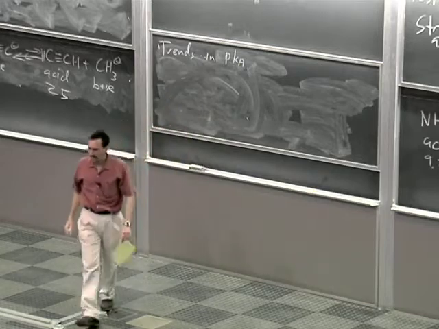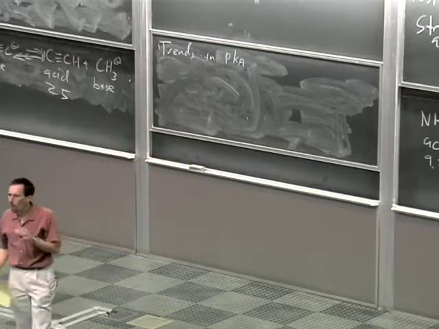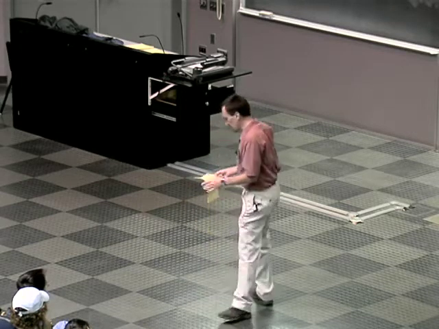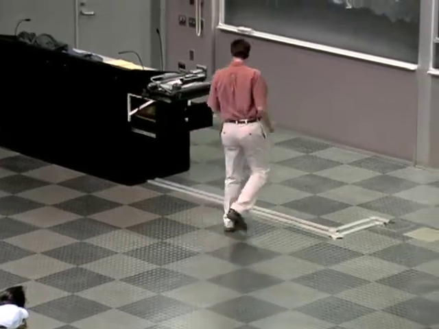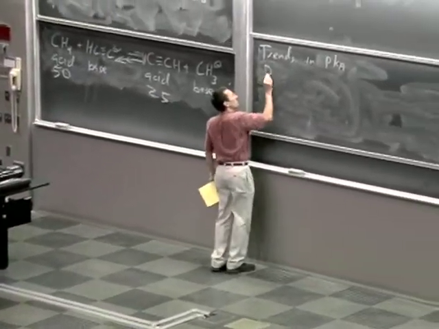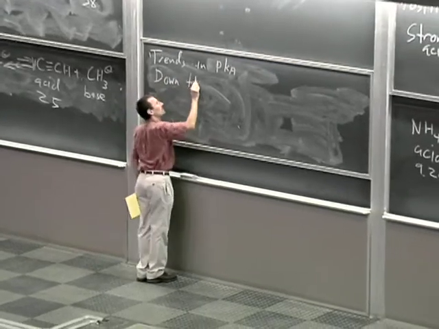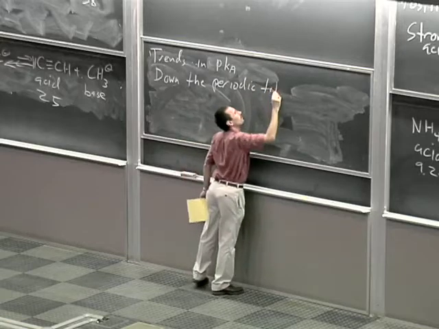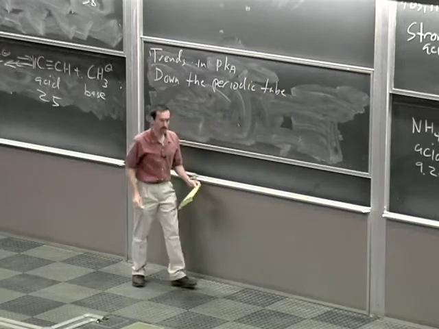The guiding factor in essentially all of acidity is stabilization of the conjugate base, stabilization of the species that results. And when you're generating an anion, all we really need to do is think about stabilizing the negative charge. As we go down the periodic table, acidity increases.